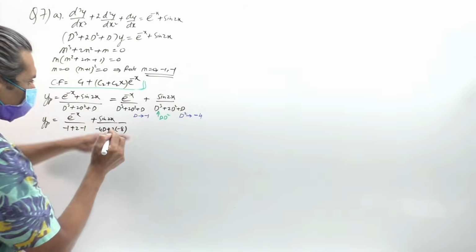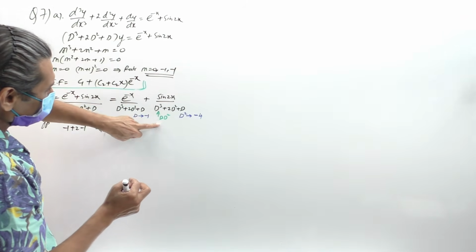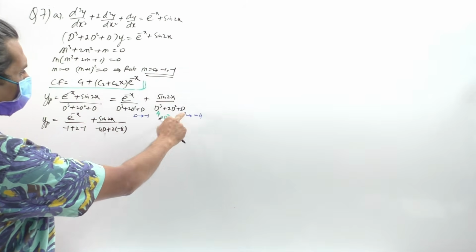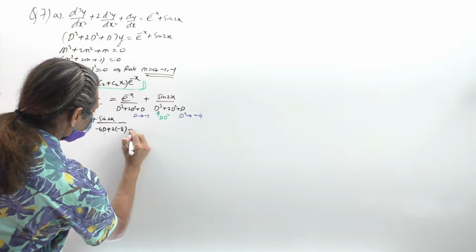Correct. So in place of D² put -4, so -4D + D.